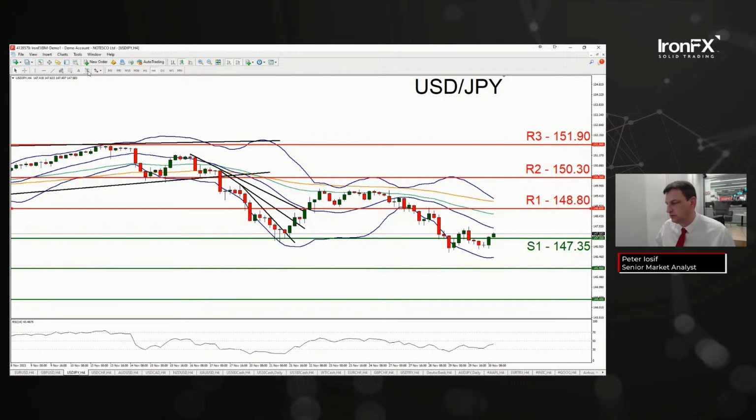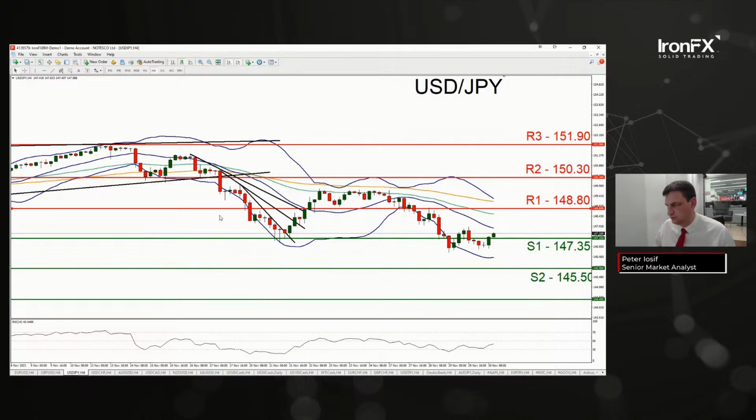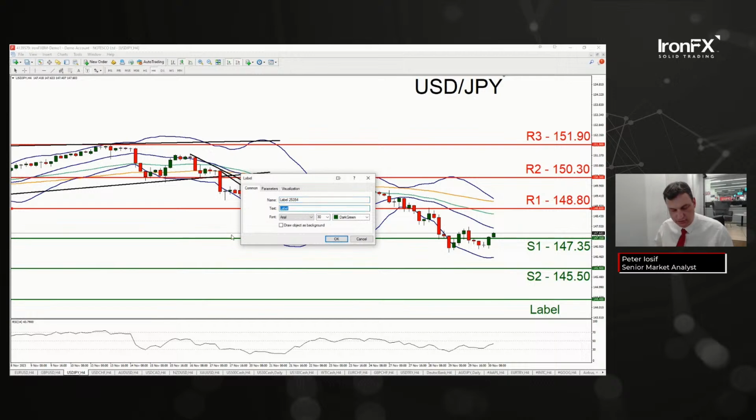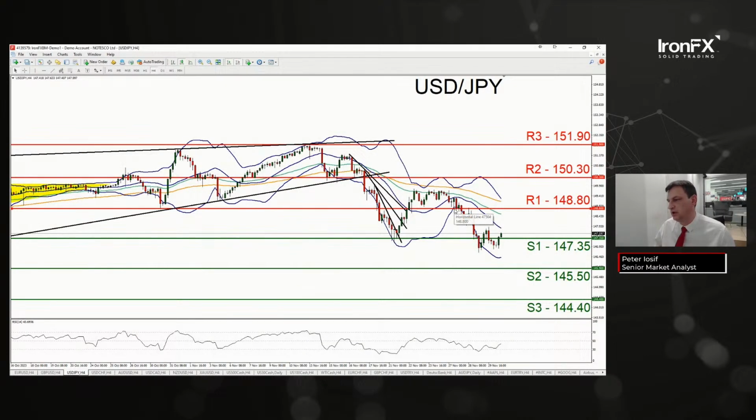Second support line being placed at 145.50. 144.40 being the final support line being placed on our chart. Zooming out, here we are.